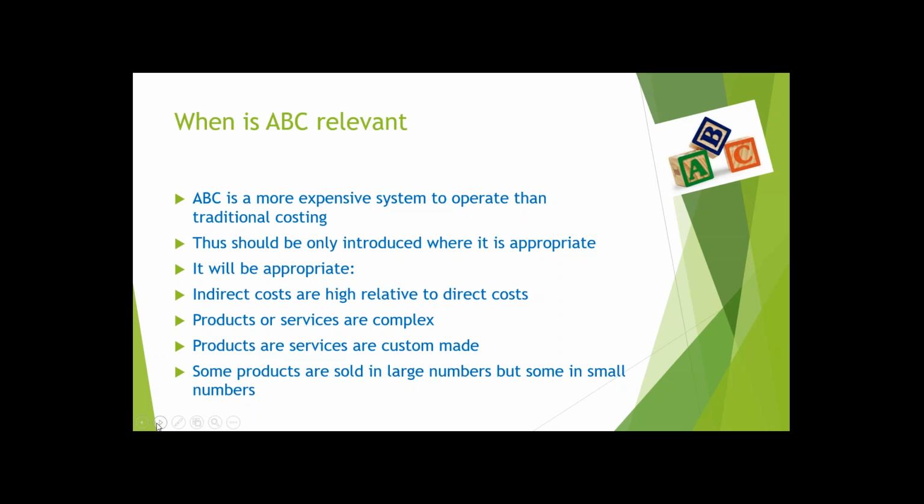And where it is custom made, where you are making orders very specific to the customer, probably you want to use activity-based costing, because sometimes the order for me will take 10 hours, the order for you will take 20 hours. So you might want to charge the overheads in a different way.